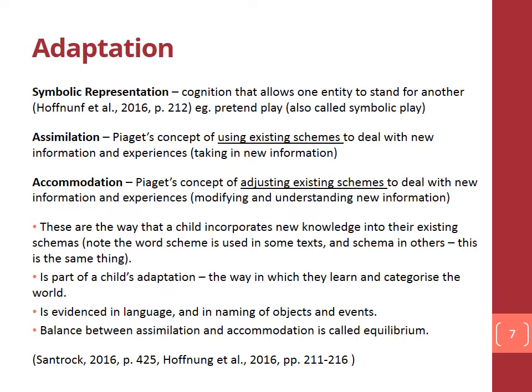So when children start to pretend that one object is another, you find that they increase that ability to pretend, and it's called symbolic representation. So that's an important aspect that marks the end of the sensory motor period and the beginning of the pre-operational period.